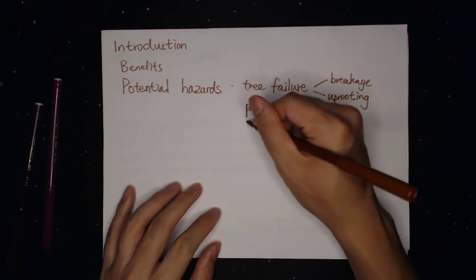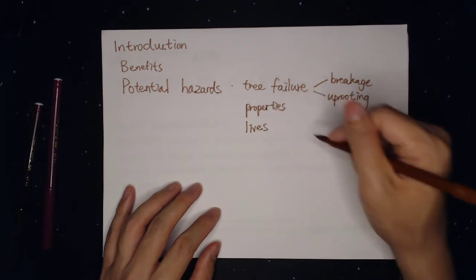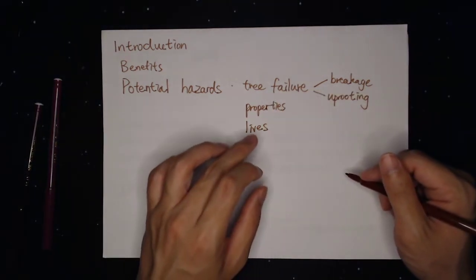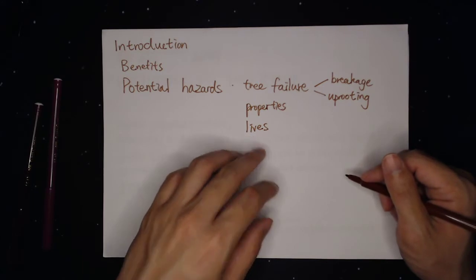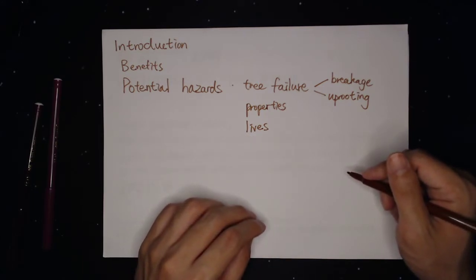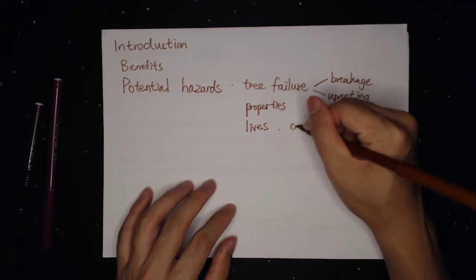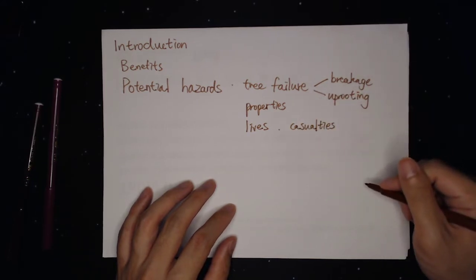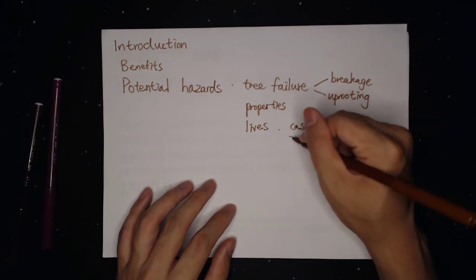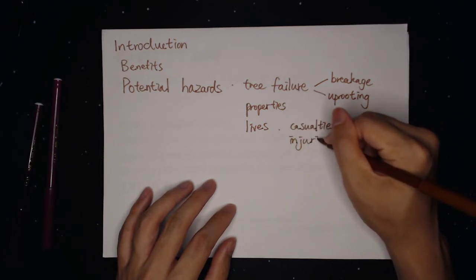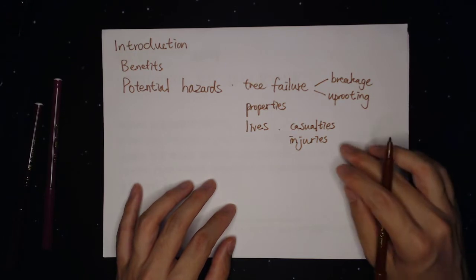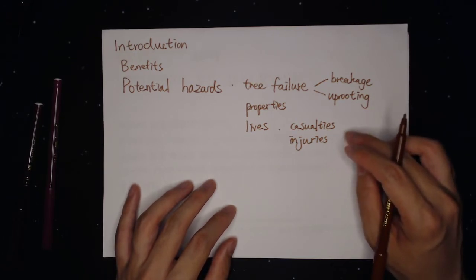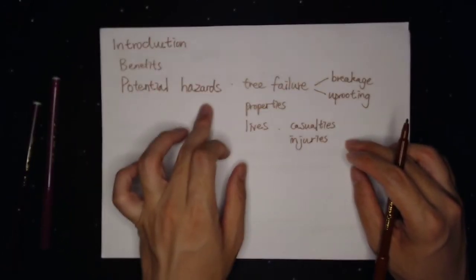Other than that, we have precious lives. So life is invaluable. If there are casualties, which means that people die because of tree failure, or injuries, we do not want that to happen. So these are the potential hazards.